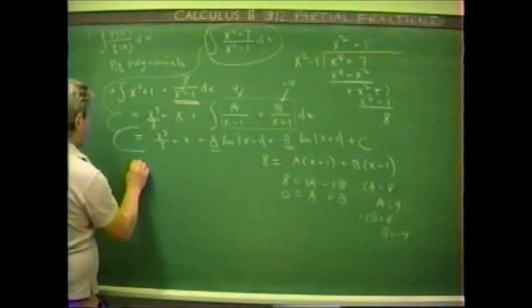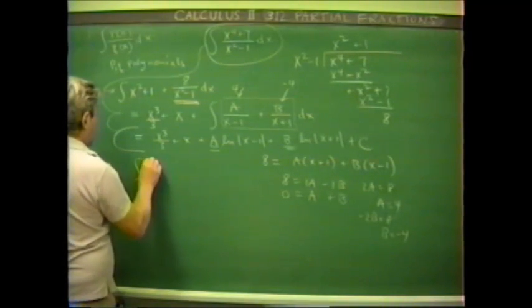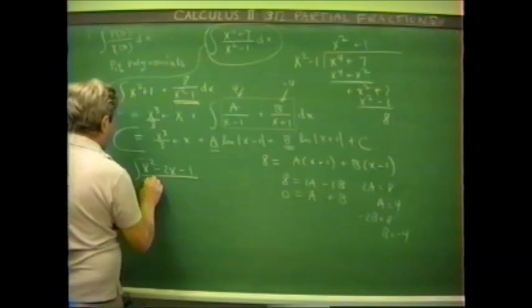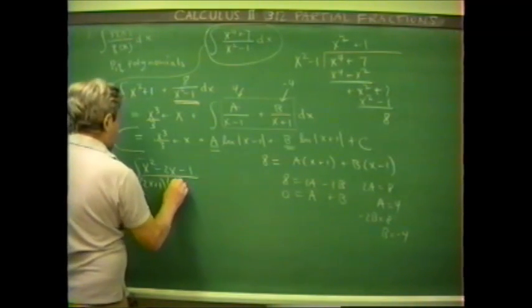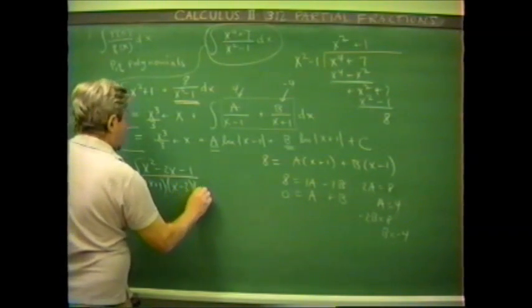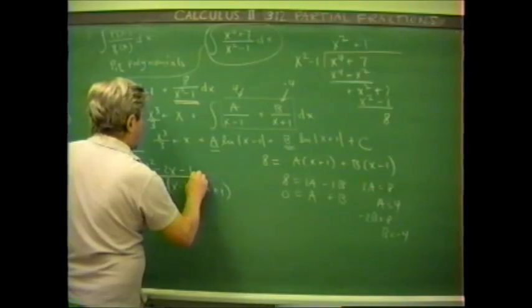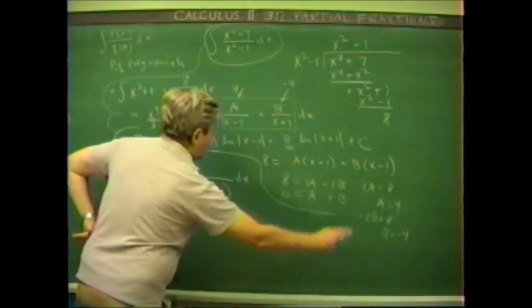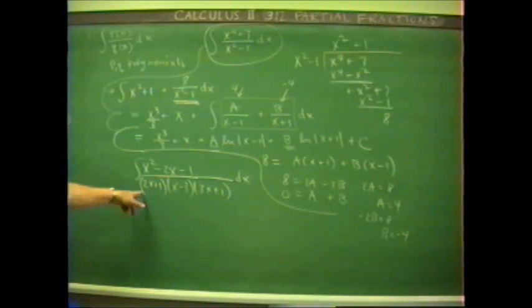Let's try a different one here. Let's take a look at the integral of x squared minus 2x minus 1 over 2x plus 1 times x minus 3 times 3x plus 1 dx. And the numerator is of lower degree than the denominator.